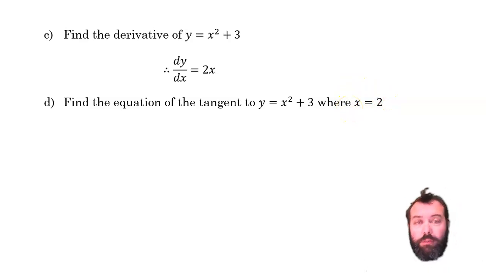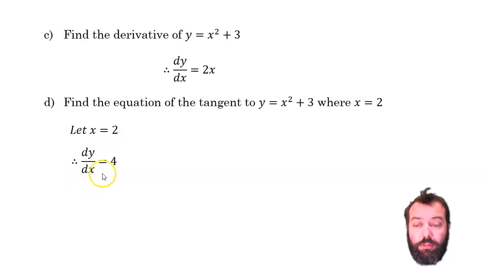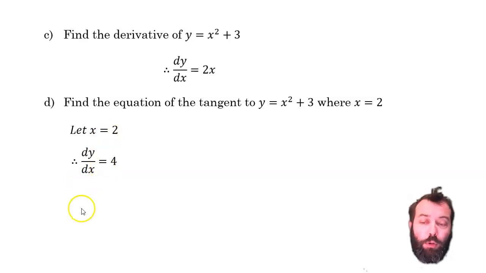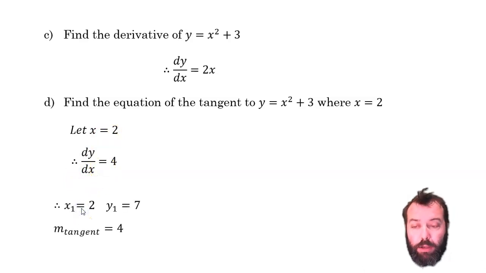We've already determined that. Now I have a point, I need a gradient. I've got a gradient function, so substitute x equals 2 into the derivative, and I get the gradient is 4. Now, that means my point is at 2, 7, x1, y1 if you like, 2, 7.